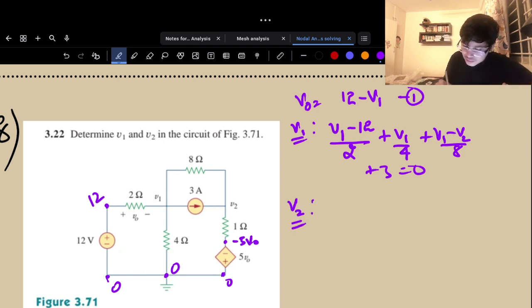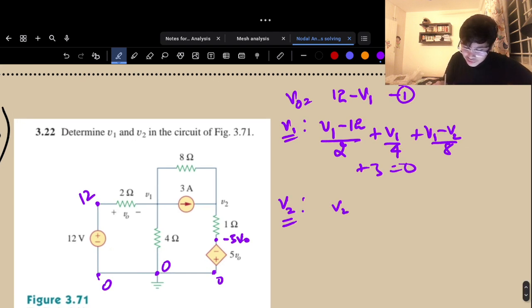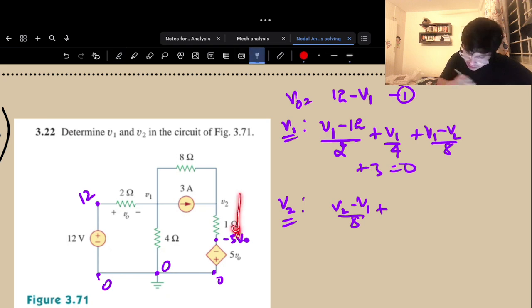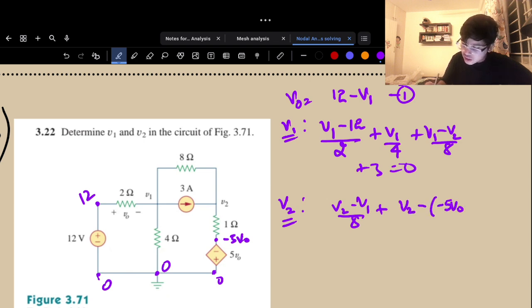Let's write for V2. For V2, V2 minus V1 by 8 plus another current leaving, V2 minus of minus 5 V naught by 1, and that is equal to the 3 amps current that is entering.